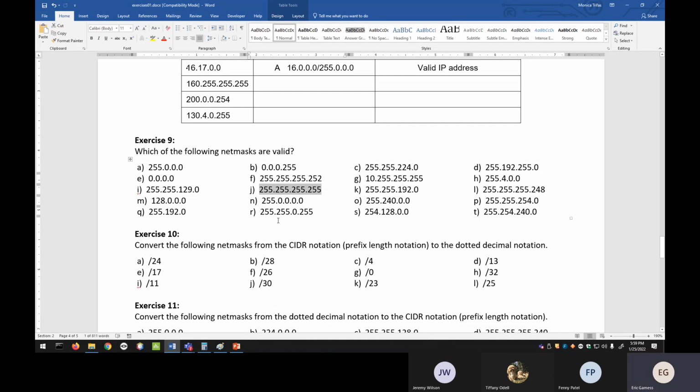We have a series of 1, which has 32 ones, and a series of 0, which is empty. So this is a valid net mask. All the bits belong to the network portion. Here, all the bits belong to the host portion. Okay? This is the difference.